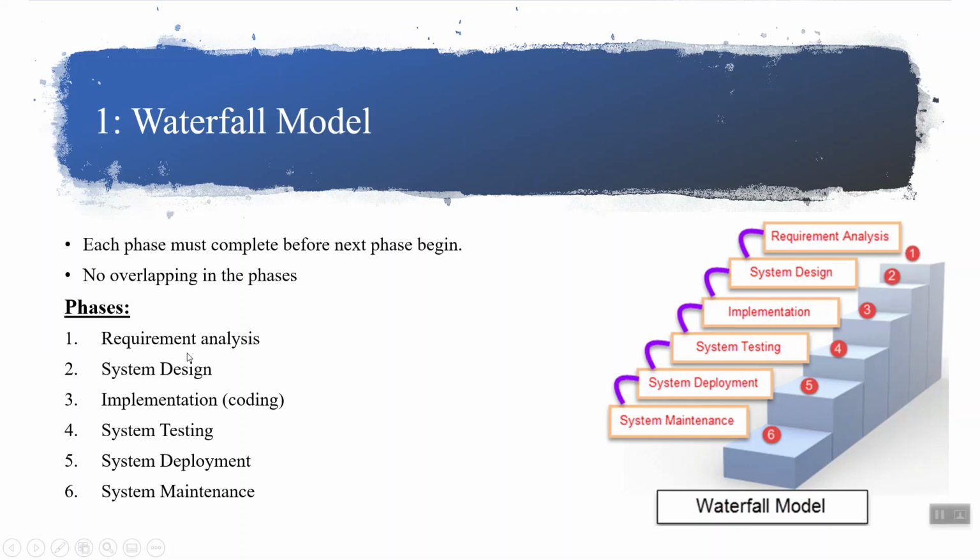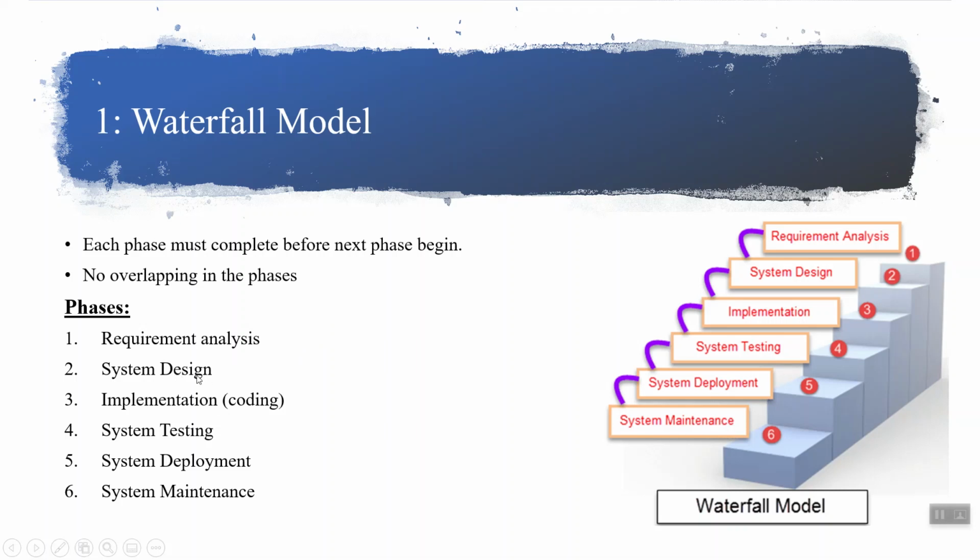We will see one by one what these steps include. In requirement analysis, or requirement gathering, all possible requirements of the software system to be developed are captured and documented in a requirement specification document.